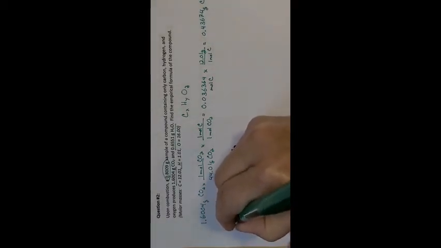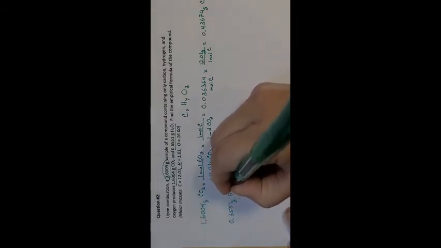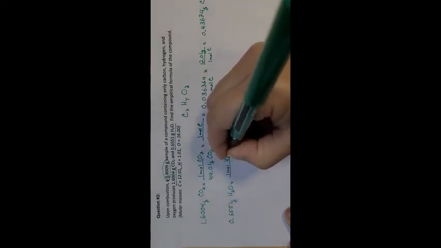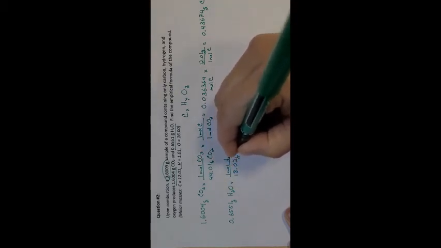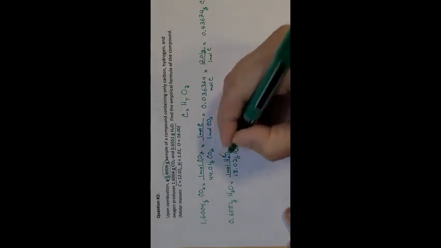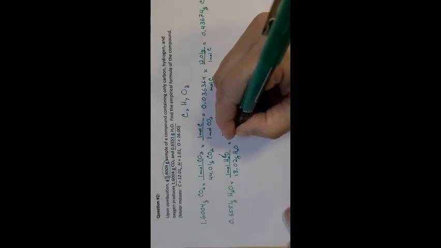I'm going to go ahead and do the same thing for water. I'm going to take the 0.6551 grams of water, convert that to moles of water, and that's 18.02 grams. What's different about this one, if I look at that formula, notice there are 2 moles of hydrogen for every 1 mole of water.